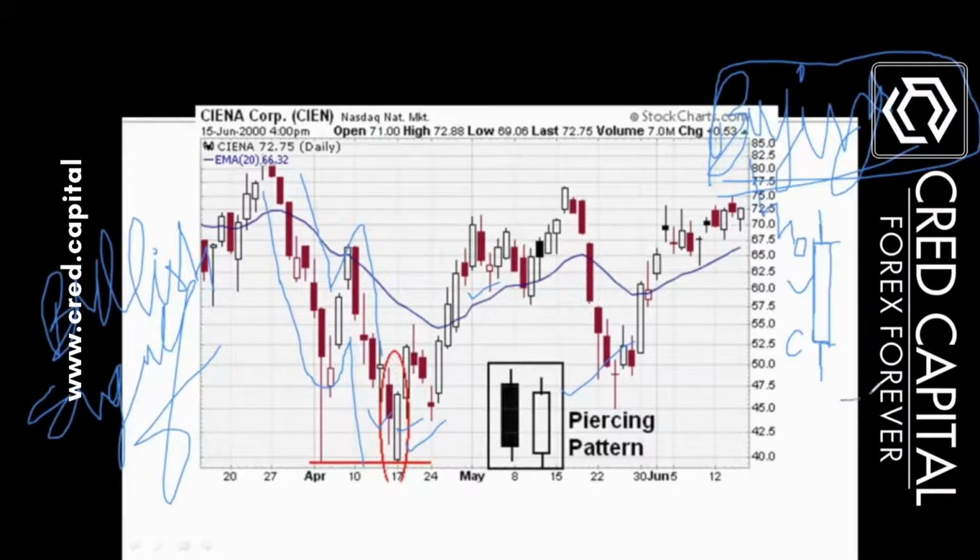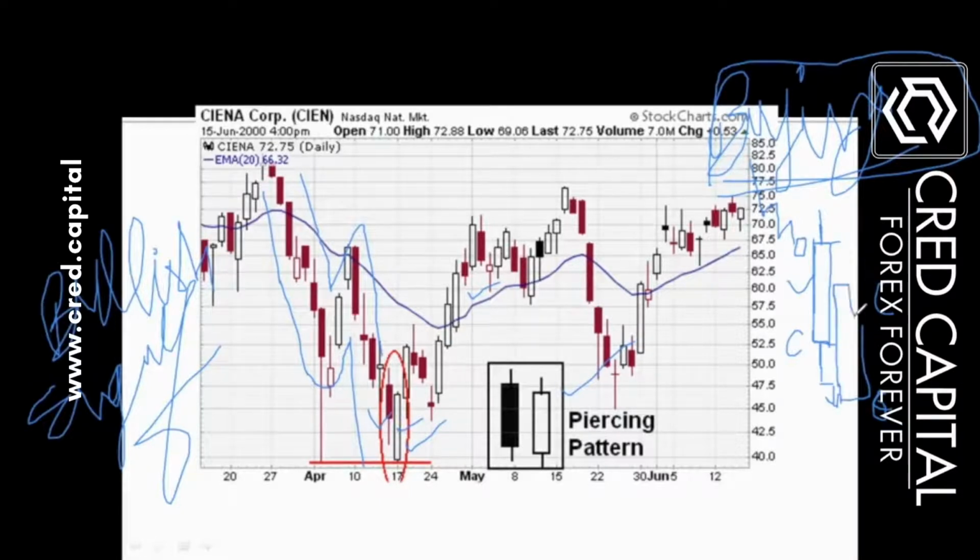The buy candle will always form from downside to upside. So this buy candle will fall a little bit lower than the previous candle.